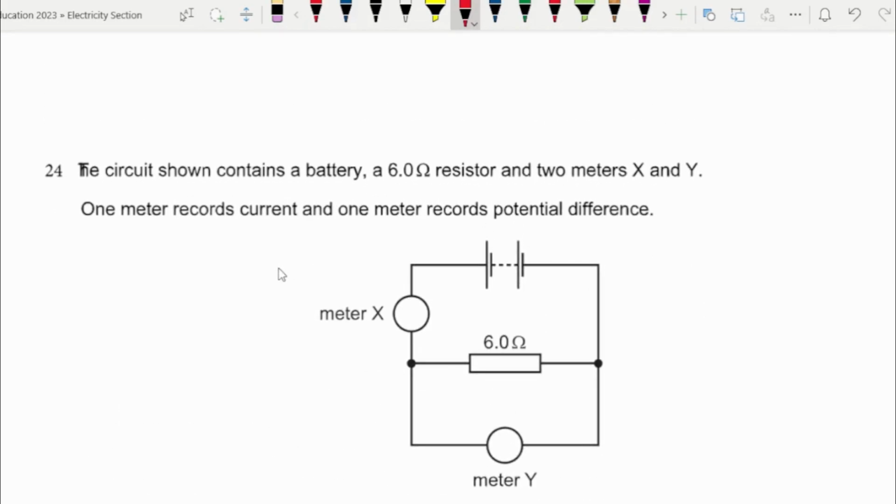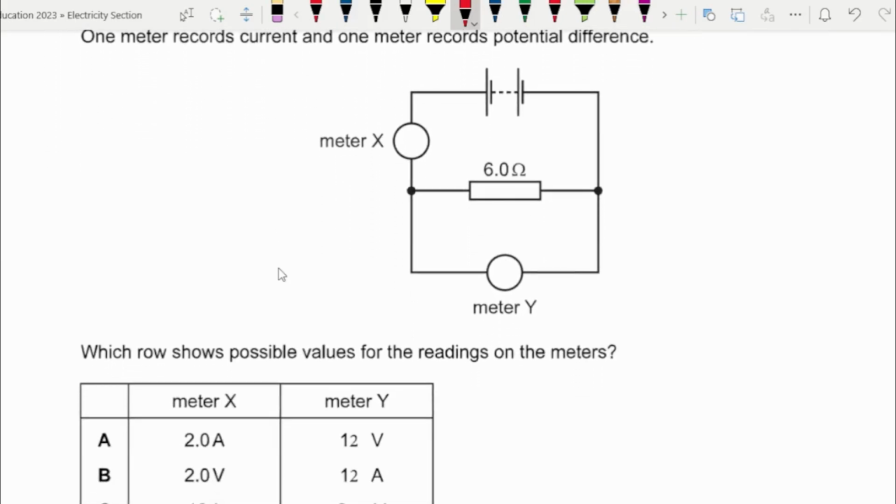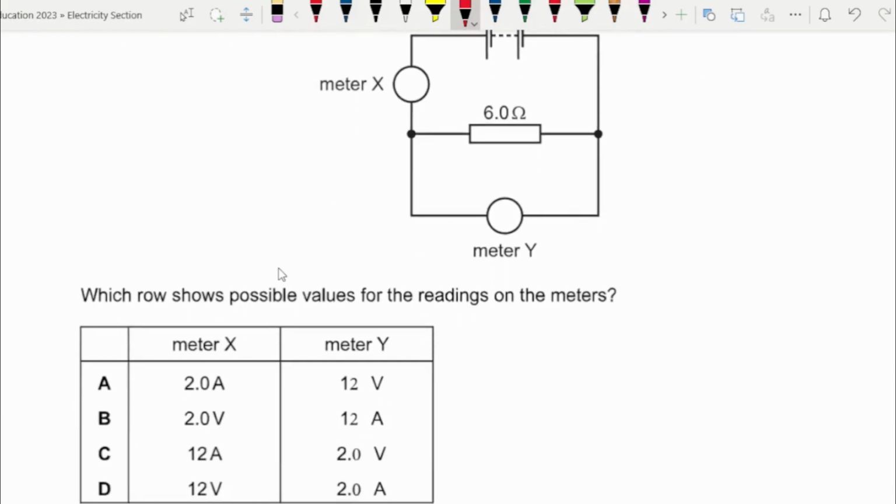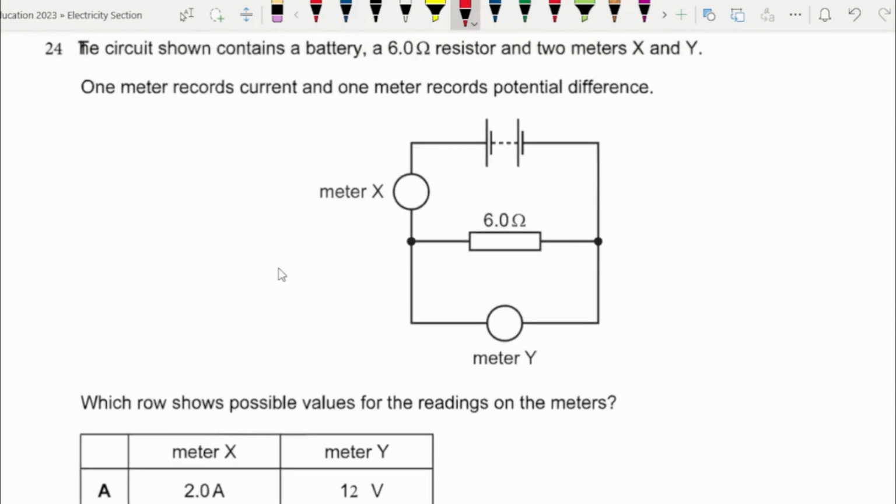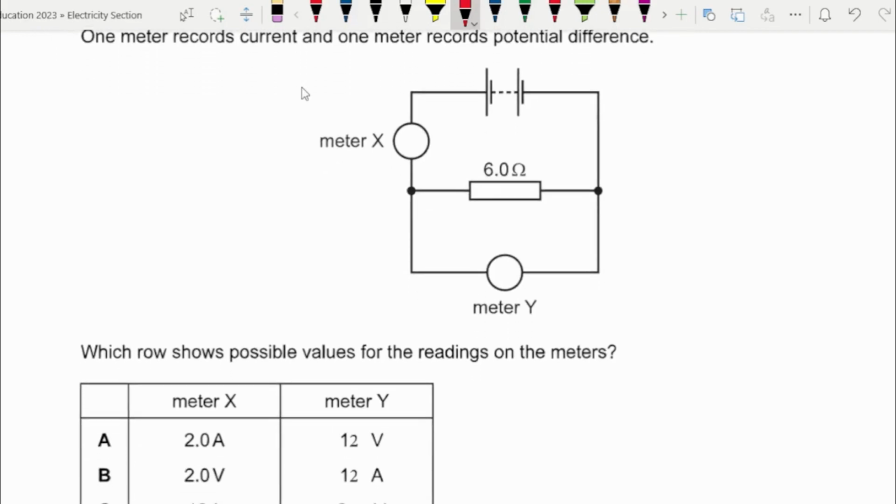The circuit shown contains a battery, 6 ohm resistor, and 2 meters X and Y. 1 meter records current and the other one records potential difference. Which shows possible values for the readings on the meters? So meter X is placed in series. You can see it is connected in line with the battery, and the meter Y is connected across.